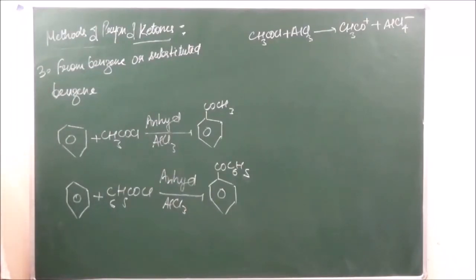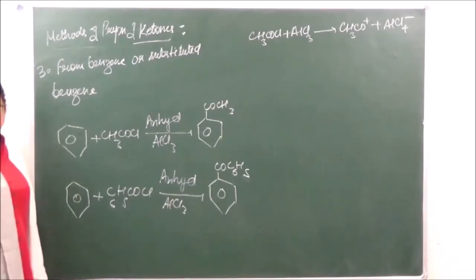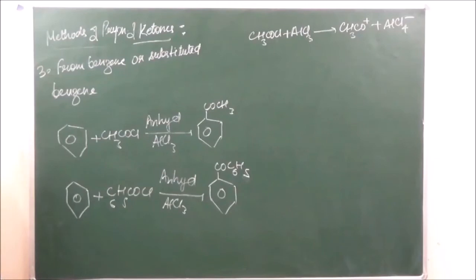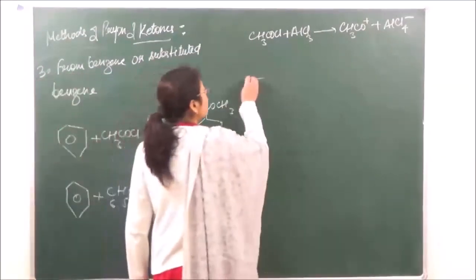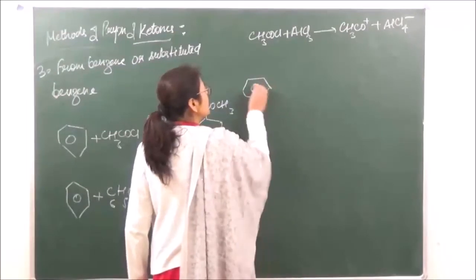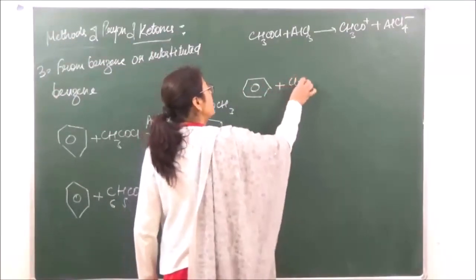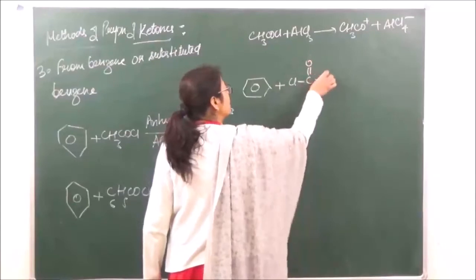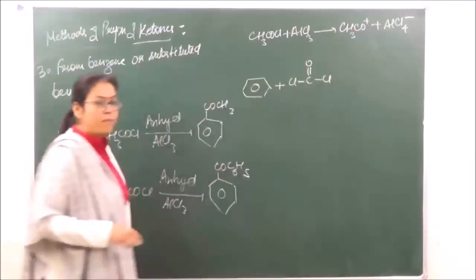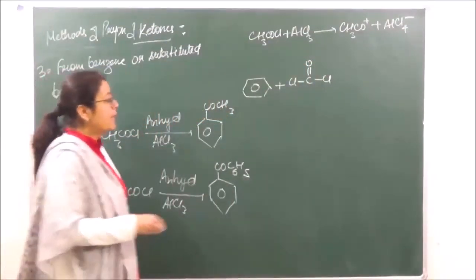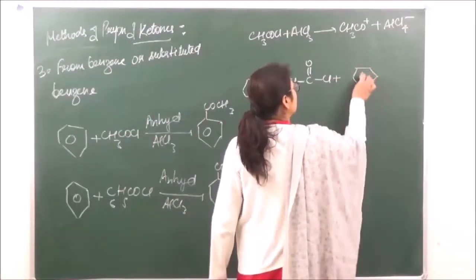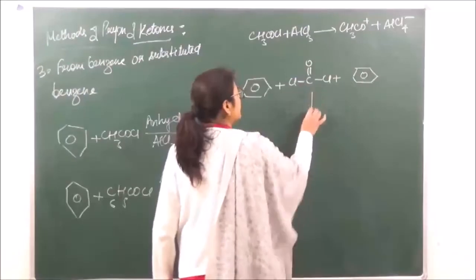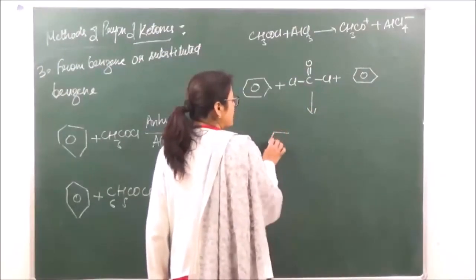Okay? So this is the procedure which is generally done over here. This is an example of electrophilic substitution reaction. If we want to form benzophenone, for that we have to take 2 molecules of benzene plus over here we will take phosgene, COCl2. Okay, and plus we will take another molecule of benzene such that we will get benzophenone.